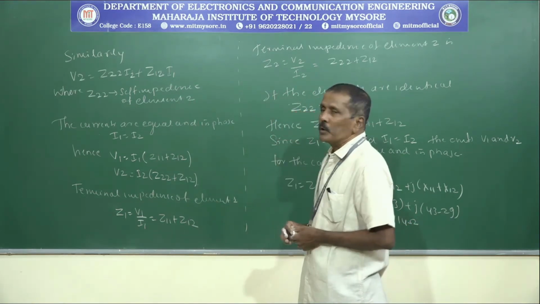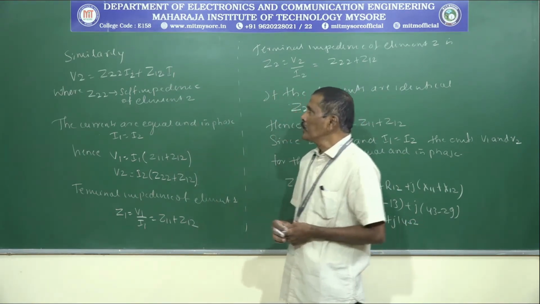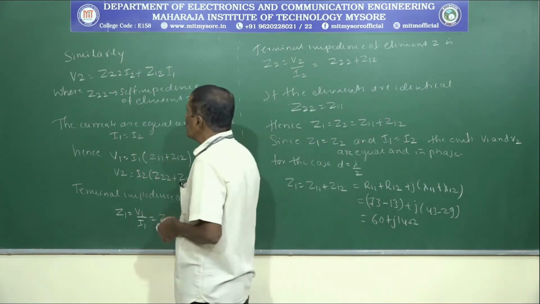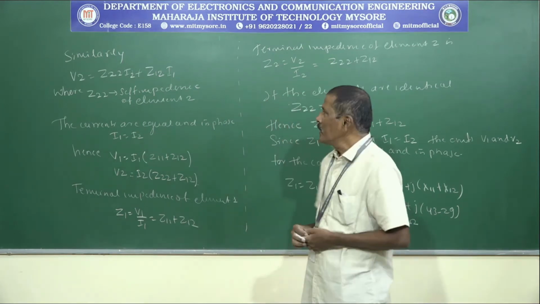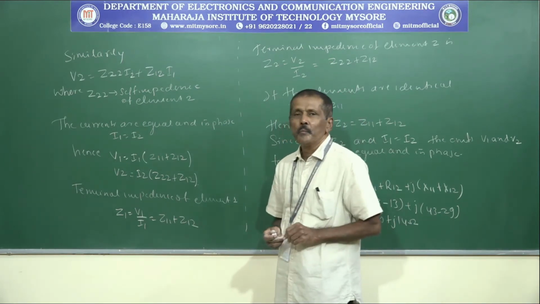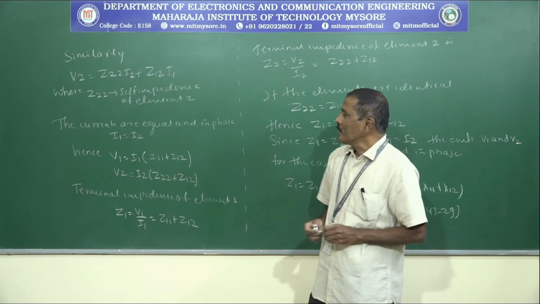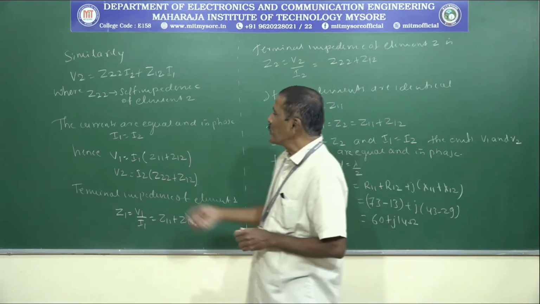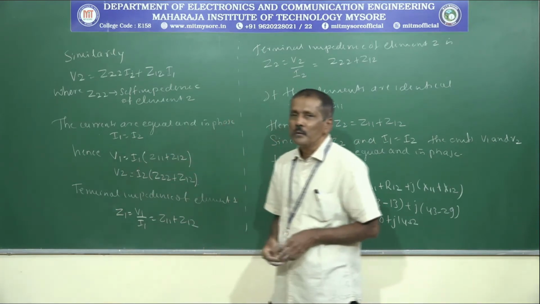Similarly, V2 equal to Z22 into I2 plus Z12 into I1, where Z22 is the self-impedance of element 2. And the currents are equal and in phase, therefore I1 equal to I2.